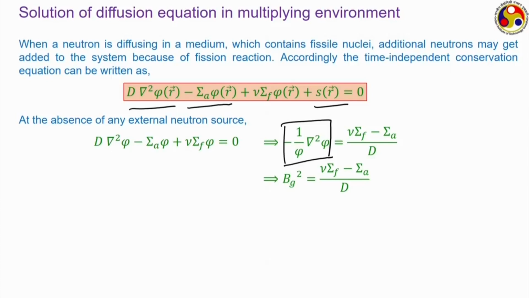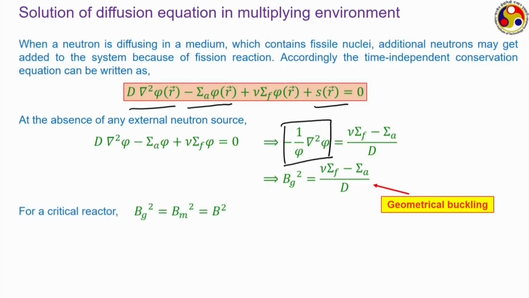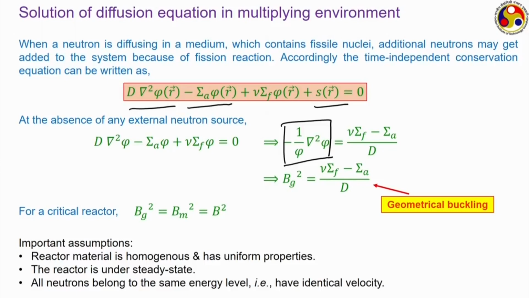So, that comes out to be nu into sigma f minus sigma a by D. That is, by knowing the properties of the medium, we can get some idea about this geometrical buckling as well. For a critical reactor, we know that Bg square is equal to Bm square is equal to B square.